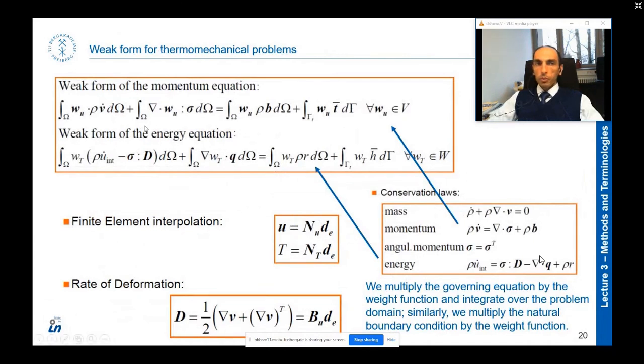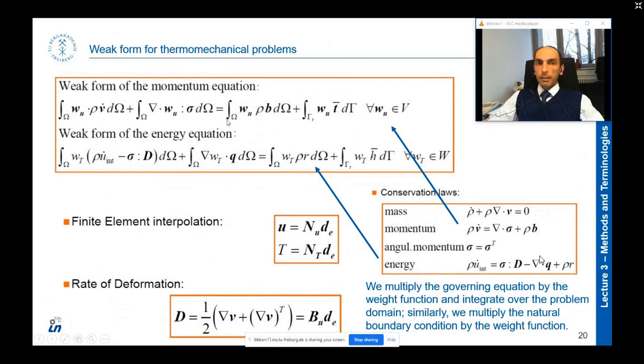What we have to do is, we want to solve some differential equation, but we cannot solve it that way with a computer. Then we should obtain the weak form of the equations. What is the weak form? It's the integral form of those equations. For example, this is the momentum equation, as you can see here. Then we multiply it with this function, which we call the weighting function.